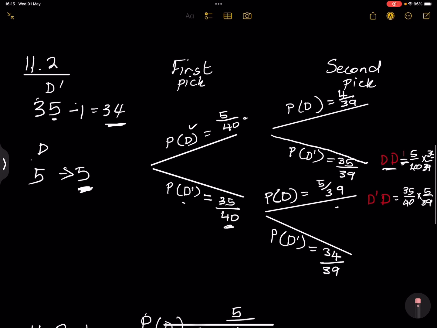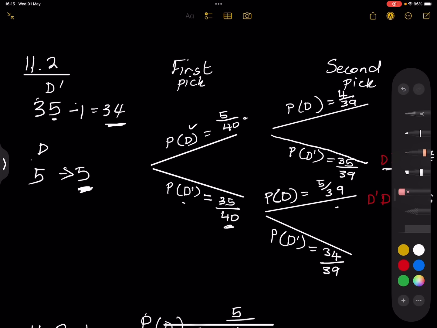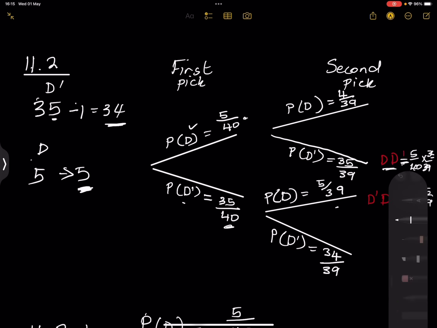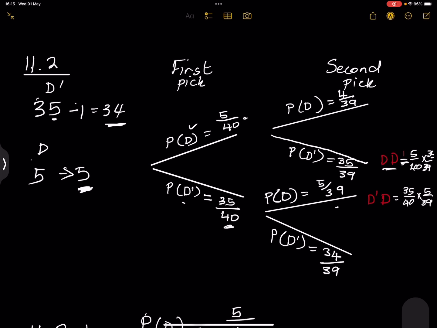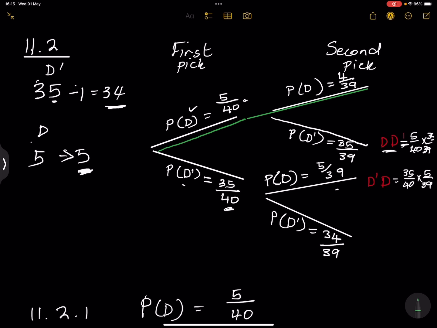Okay, so we are looking for defective. So notice on our diagram, where is defective? Right? So defective in the first pick and another defective in the second pick, right? So that's the only chance in which we can get both of them being defective.